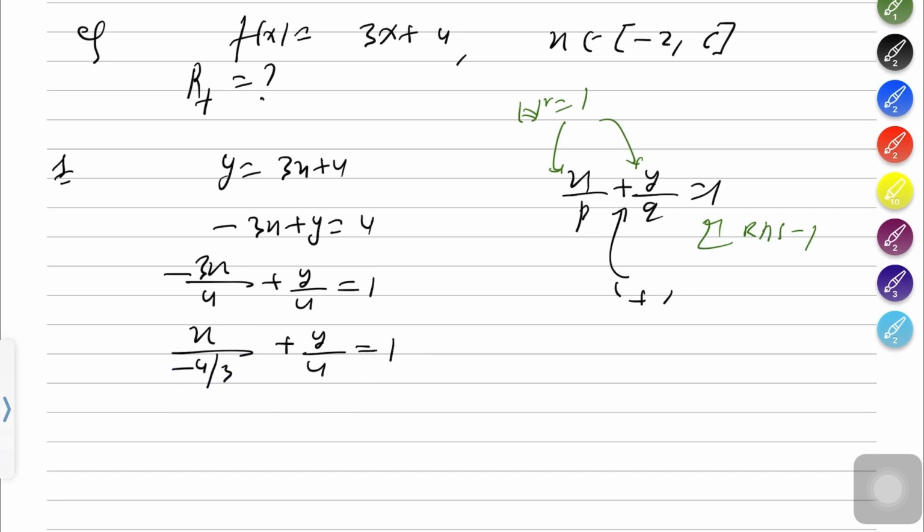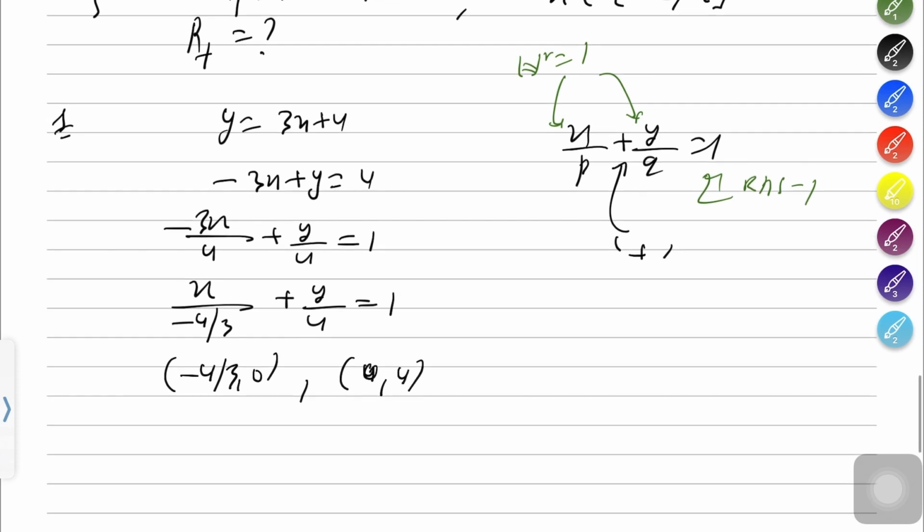Now see, it satisfies the criteria of the intercept form, that is, the right hand side is 1, the coefficient of y in the numerator is 1, the coefficient of x in the numerator is 1, and plus. So all the values or coefficients go to the denominator. Now we know that the x-intercept is (-4/3, 0), and the y-intercept is (0, 4). So we can easily draw the straight line.